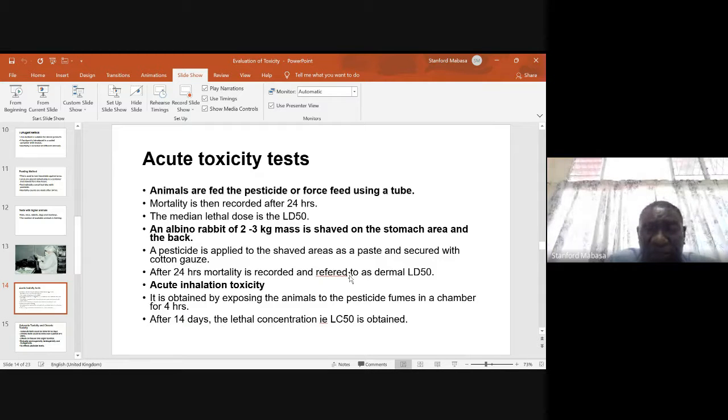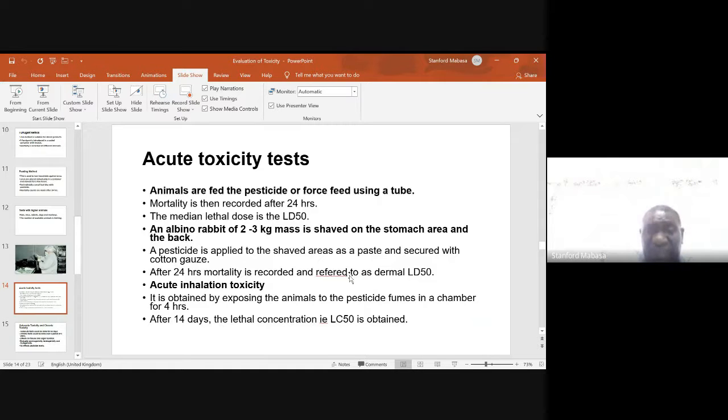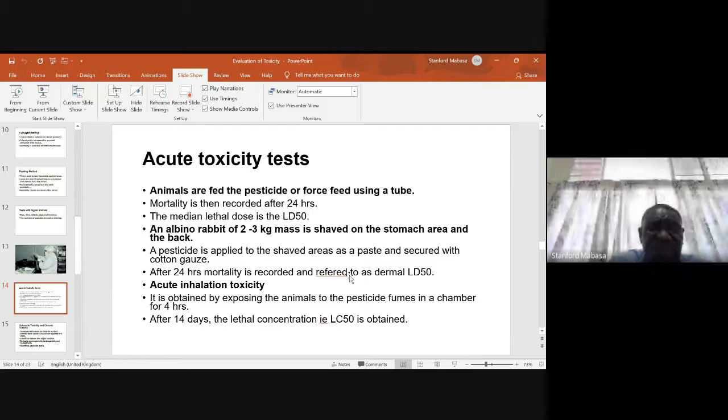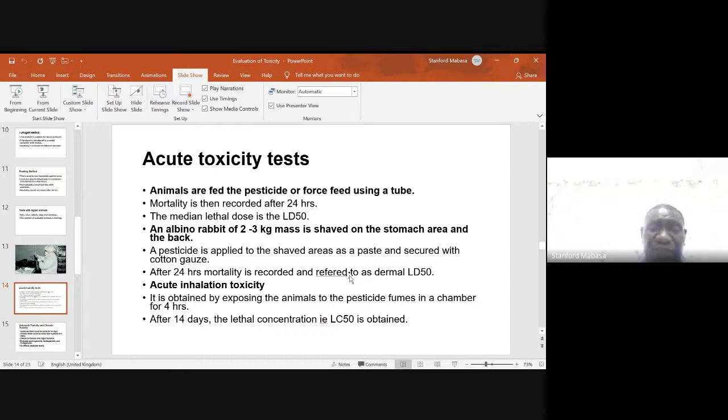It is obtained by exposing the animals to the pesticide fumes in a chamber for 4 hours. So you create fumes of the pesticides, you put animals in those fumes. You can do the experiment for 14 days and estimate what is known as lethal concentration, LC50. This is by polluting the environment.